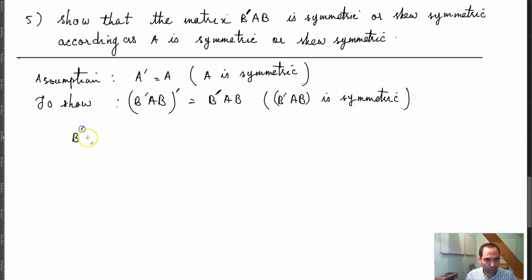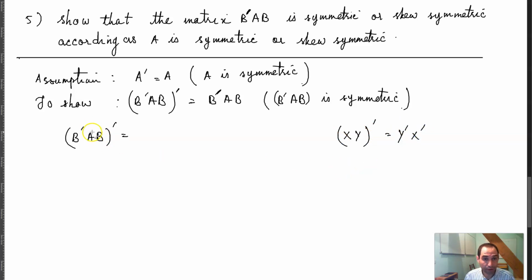I can write it as (B prime AB) whole prime is equal to, now you know that, for example, (x times y) whole prime is equal to y prime times x prime.